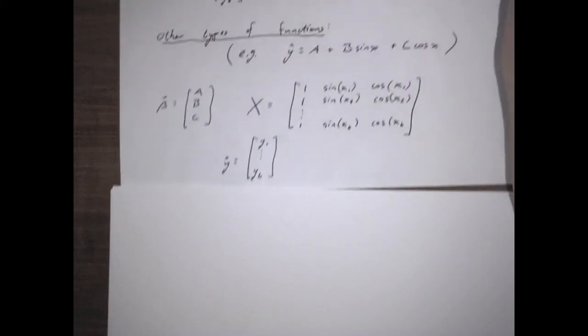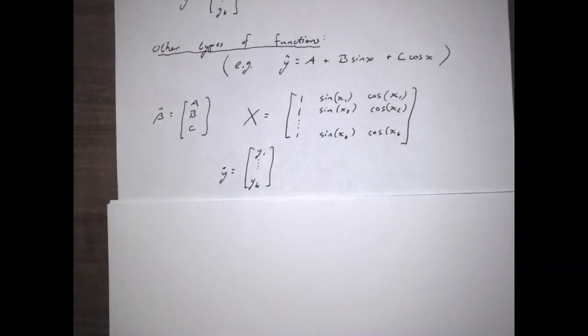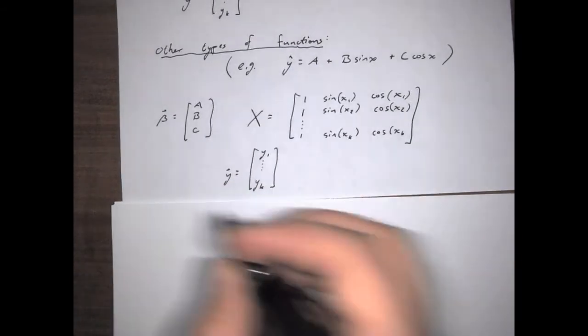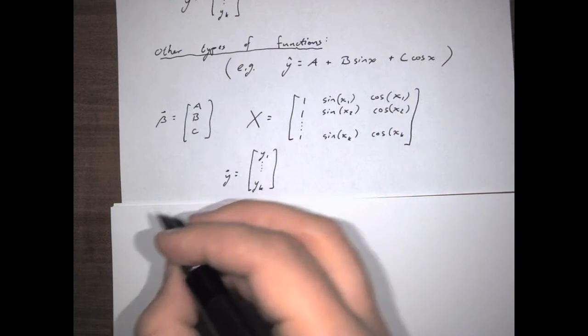So note, all that changes in each of these scenarios is the design matrix. So we can actually recycle a lot of the reasoning that we use in each case and apply the same sort of reasoning each time.